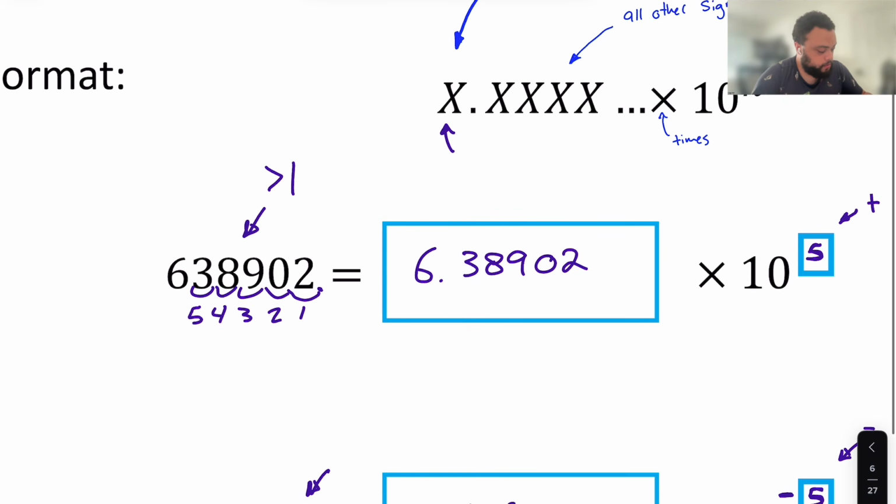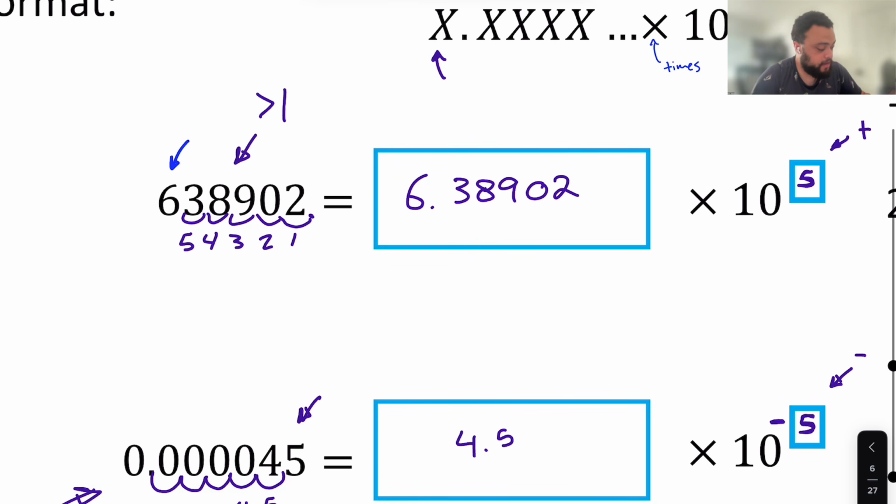The way that I do it is I will see what number is the furthest number that I need to go to the left of the decimal place. And then I will just count the number of digits between that number and the decimal place. There are five digits, and so that gives me a five up there.